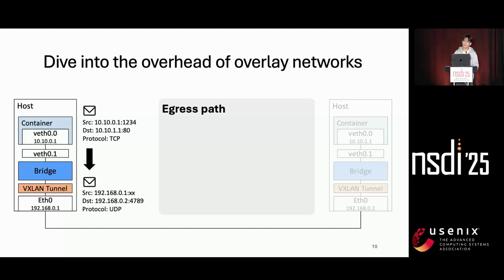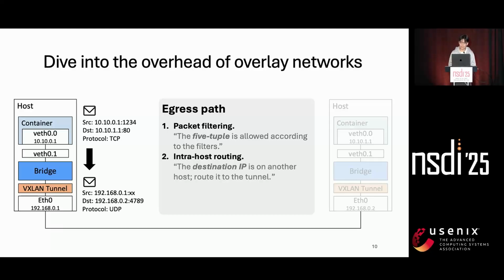Let's briefly review how a typical overlay network handles container packets. On the egress path, the process is as follows. First, packet filters verify whether a packet is allowed according to network policies, typically based on the packet's FIB tuple. If the destination IP is on a remote host, then the bridge routes the packet to the VXLAN tunnel.